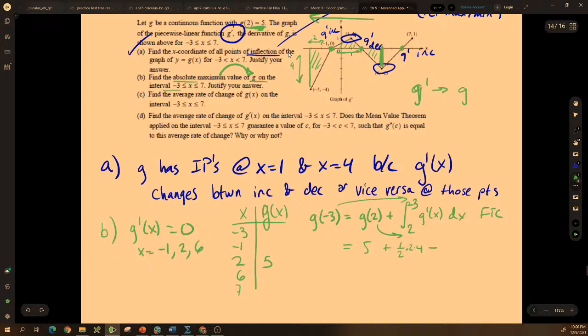Then minus the second one has a width of 3 and a height of 1. And the third one, the bottom one, has a width of 2, and then a height of 2. This is 5 plus 4 minus 3/2 plus 2, that's 9, 11, minus 3/2. 11 minus 1.5 is 9.5.